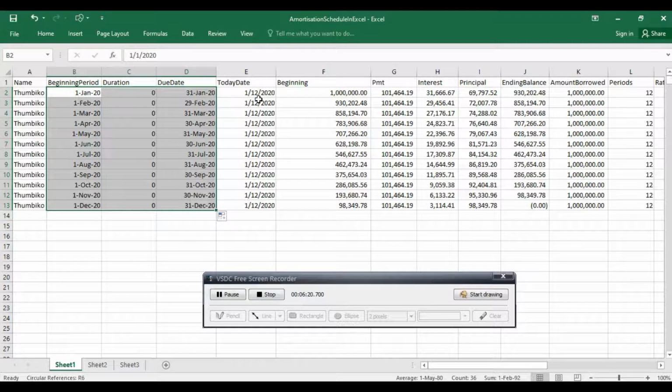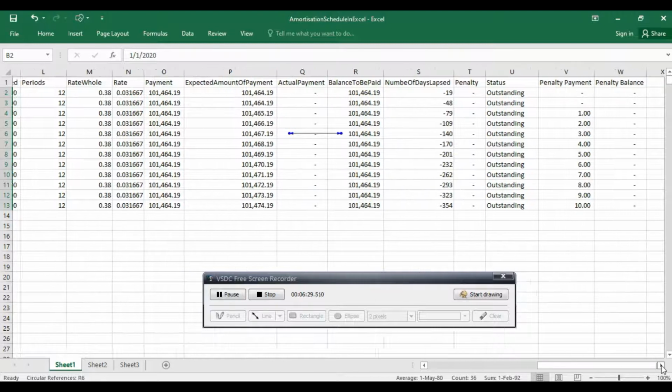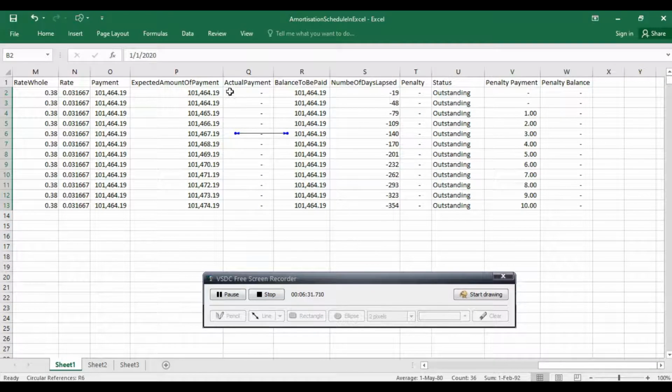Assuming that this is today's date, and we have not paid, we are supposed to pay 101,464.19 tamba.